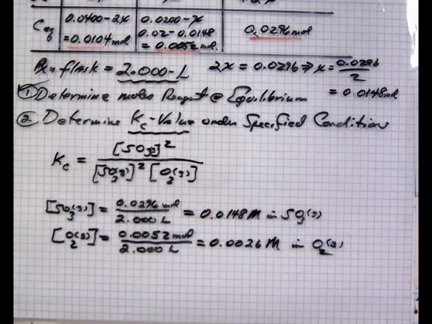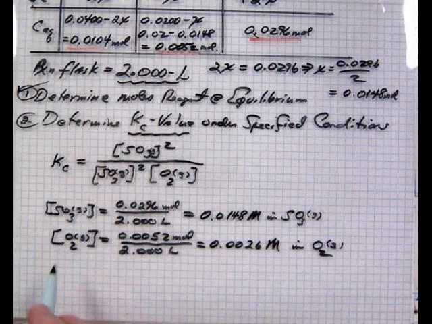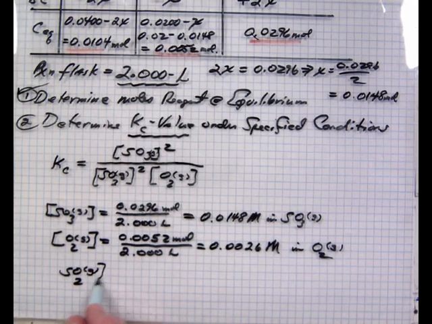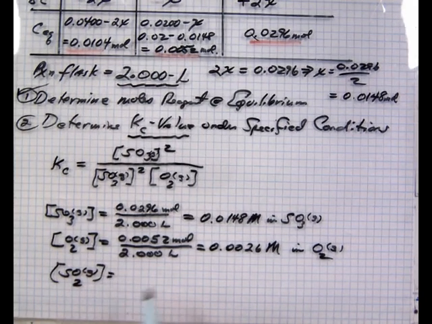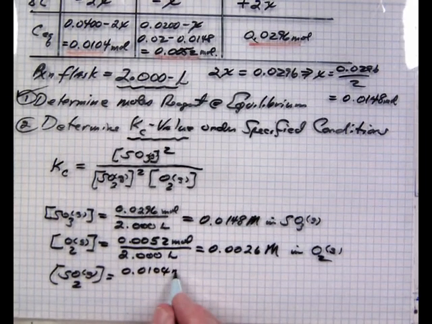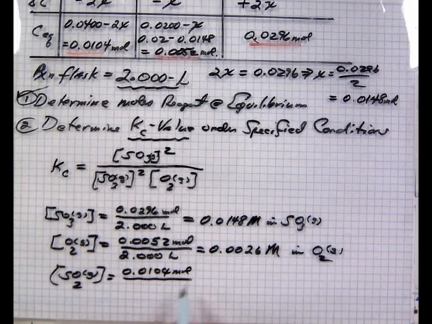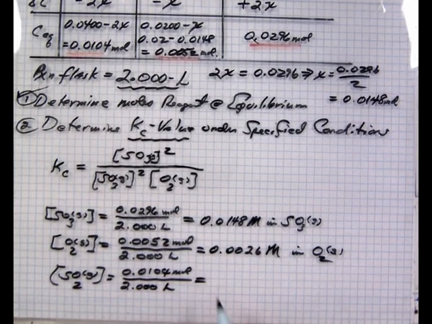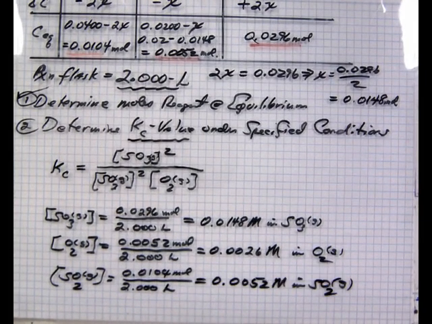And finally, the SO2 concentration is 0.0104 mole, 0.0052 molar in the sulfur dioxide. Any questions?